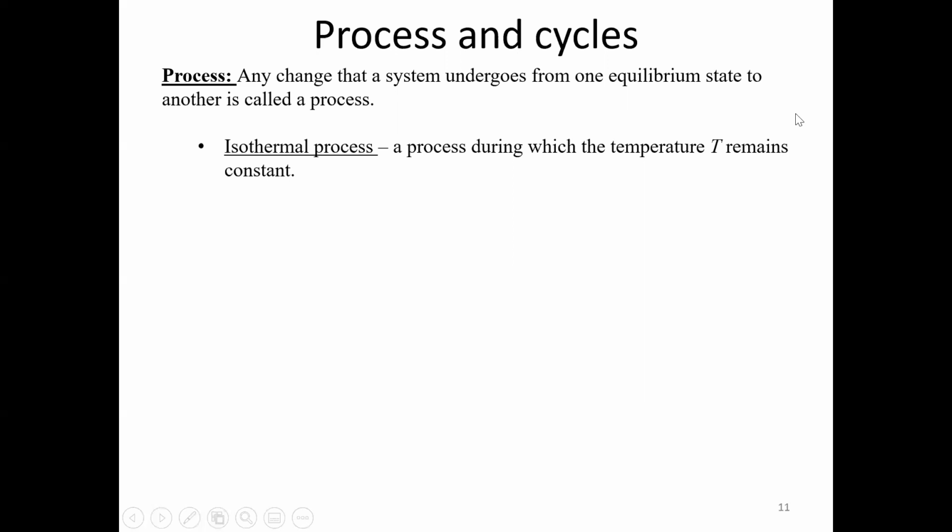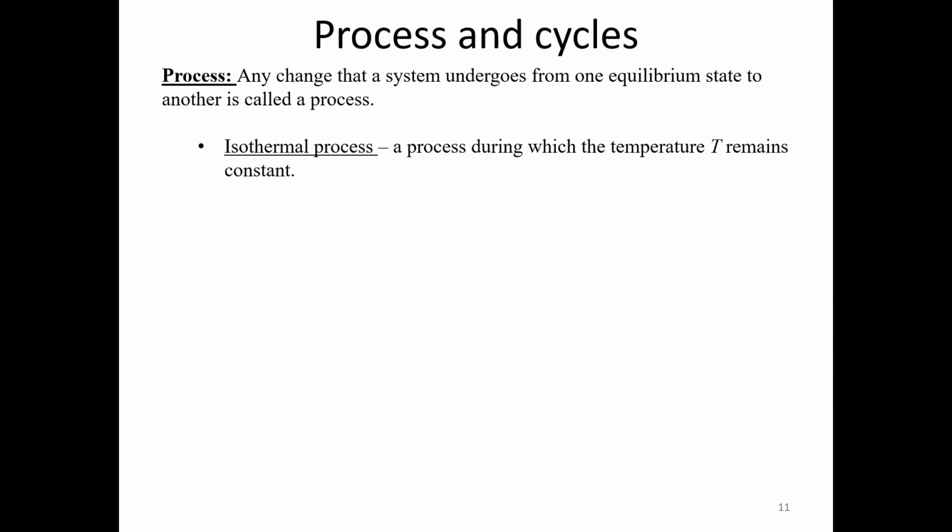If I have, for example, temperature 1 and pressure for a certain fluid, at an equilibrium state, and then we provide heat, and the temperature of the fluid starts to increase to another temperature and pressure, we call this path a process, because this is the path that the system undergoes to reach the second equilibrium state, T2 and P2.